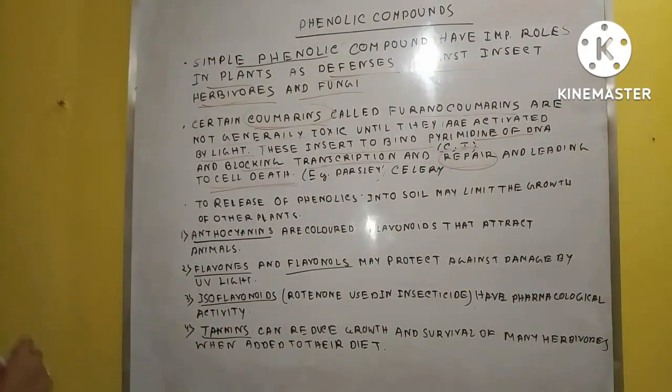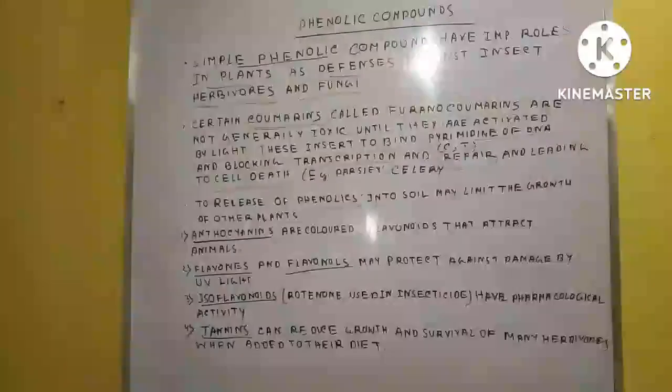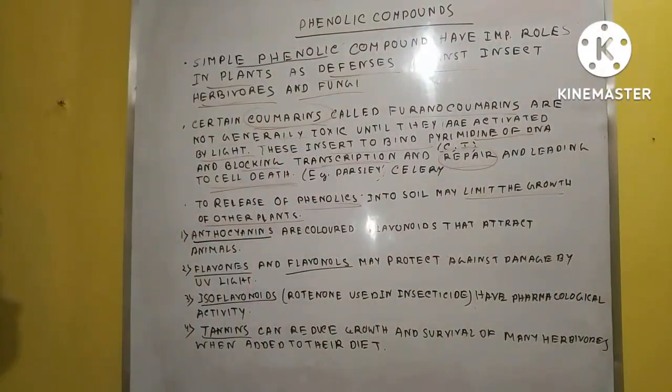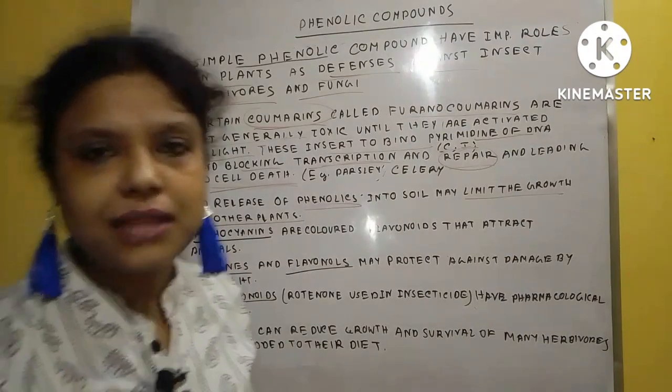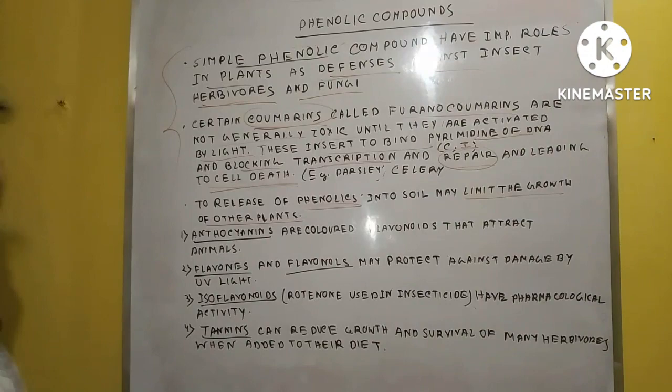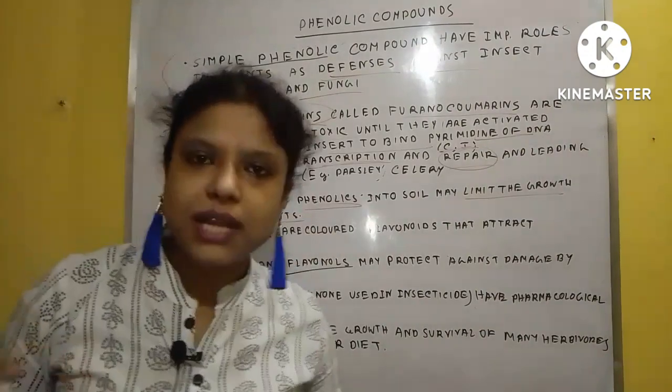Another role of the phenolics: if they are released in the soil, they limit the growth of other plants. That means they control the growth of other plants. In such ways, these phenolic compounds act on different organisms. Clear?